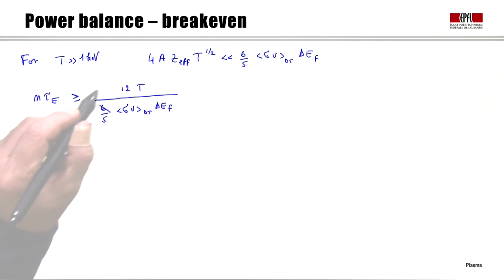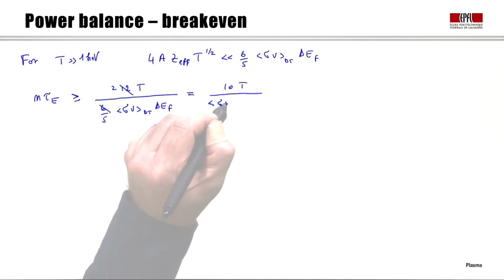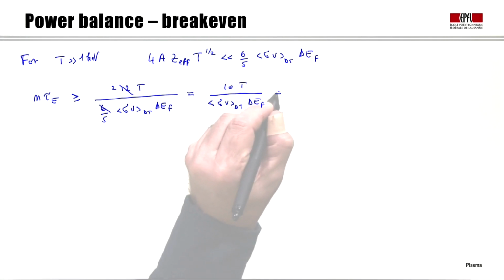You can simplify this expression and come up with a very simple expression that is 10 times the temperature divided by sigma V times the energy of a single reaction.